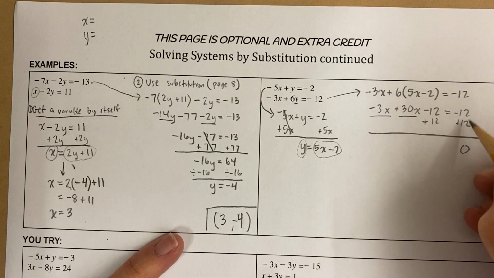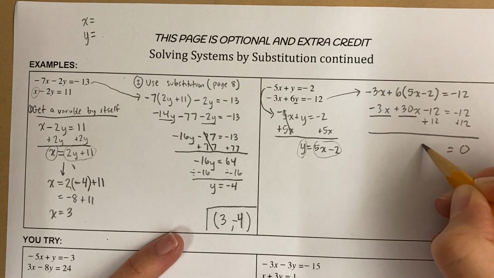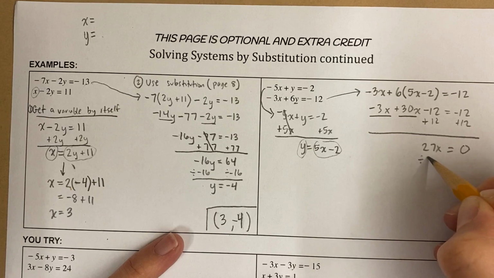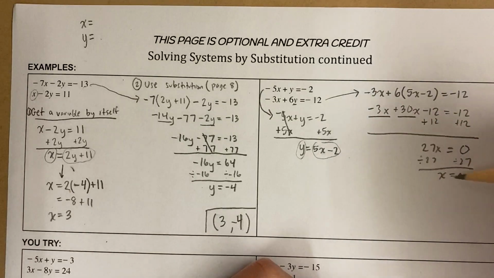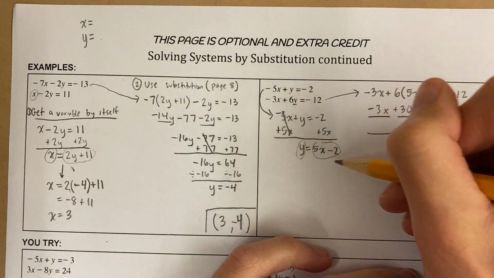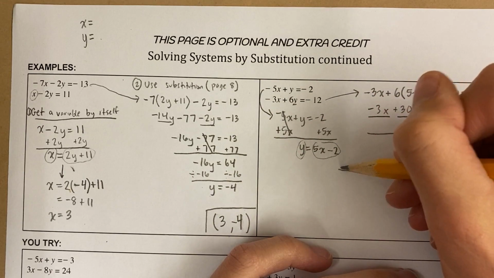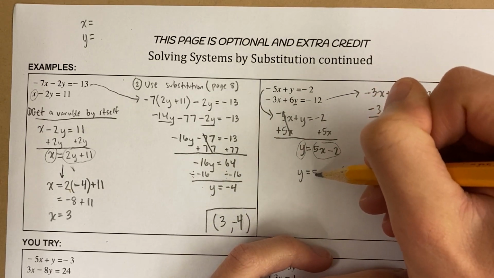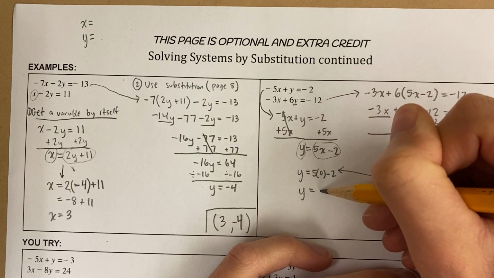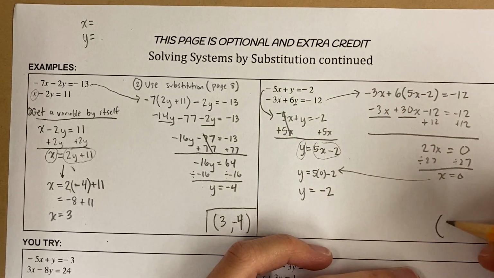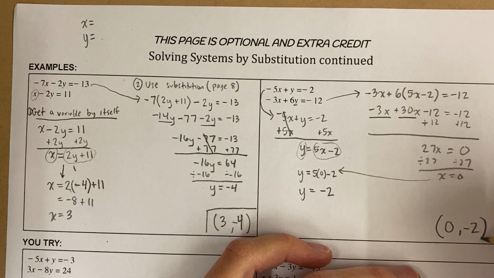What I end up with is negative 12 plus 12 is 0, and then this is 27x. When I divide by 27 on both sides, you might know what's going to happen. My x is 0. Let's plug 0 back in right here. Five times 0 is 0, and 0 minus 2 is negative 2. So my answer is 0, negative 2.